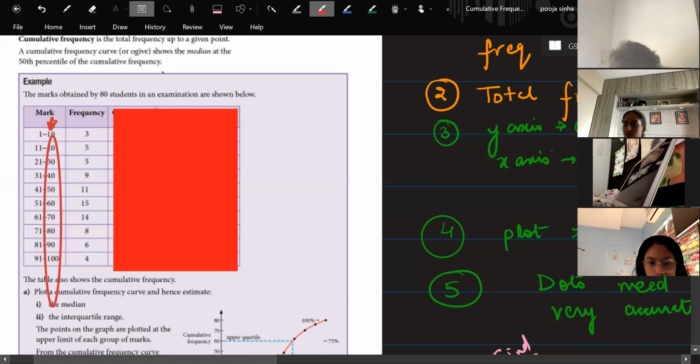Upper limits kaun se hai? 10, 20, 30, 40, 50, 60 up till 100. So you did this less than. Yahan tak clear hai?